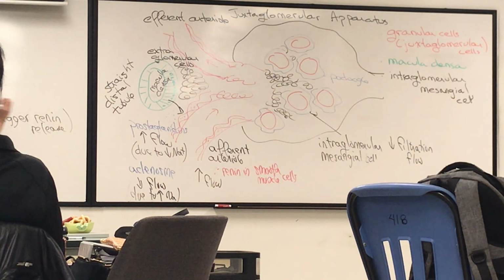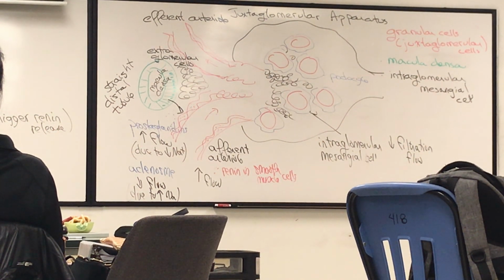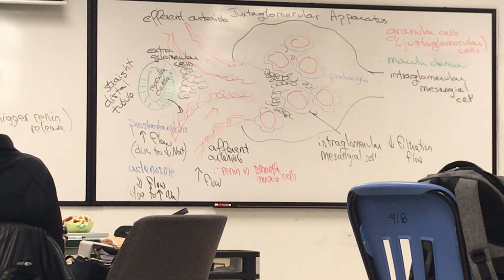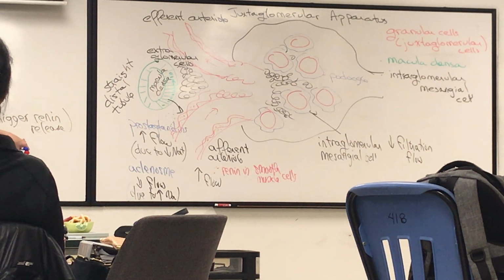So when I'm studying for the test, would I want to study baroreceptors in the granular cell, or just low mean blood pressure detection? So the baroreceptors detect low blood pressure, and they cause the granular cells to release renin. Okay?